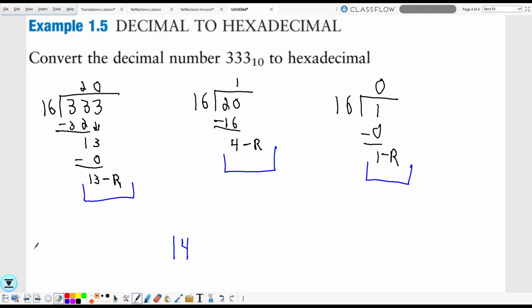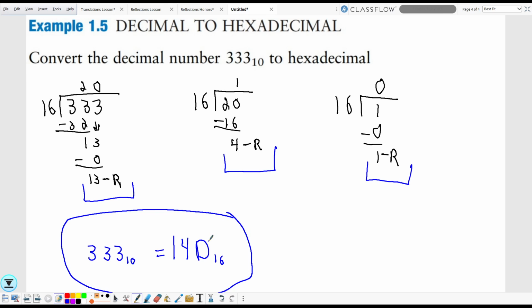But if you can recall, 13 in hexadecimal is D. So I'm not going to put the 13 down, I'm going to put a D. So 14D in base 16 is equal to 333 in base 10. That's how you do the conversion from decimal to hexadecimal.